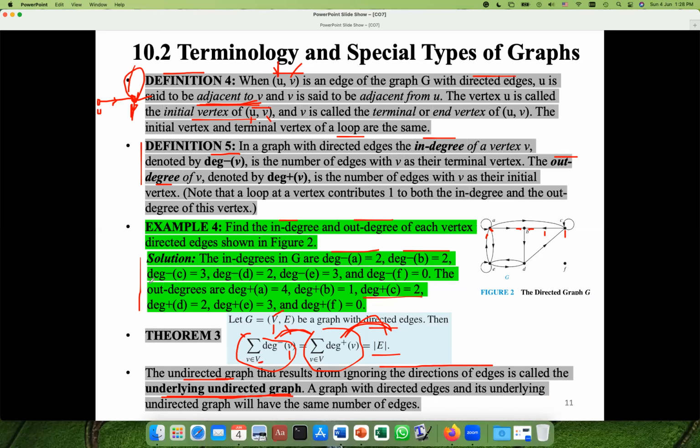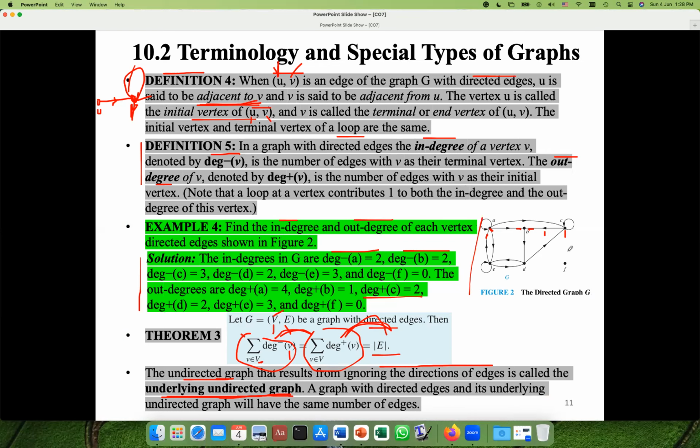The example is not given there, but I can give you a question: draw an underlying undirected graph for this figure, just to tease you. If I do not tell you, you may say the question is strange or difficult. So I can give you this figure and this graph and say, draw the underlying undirected graph for this figure.